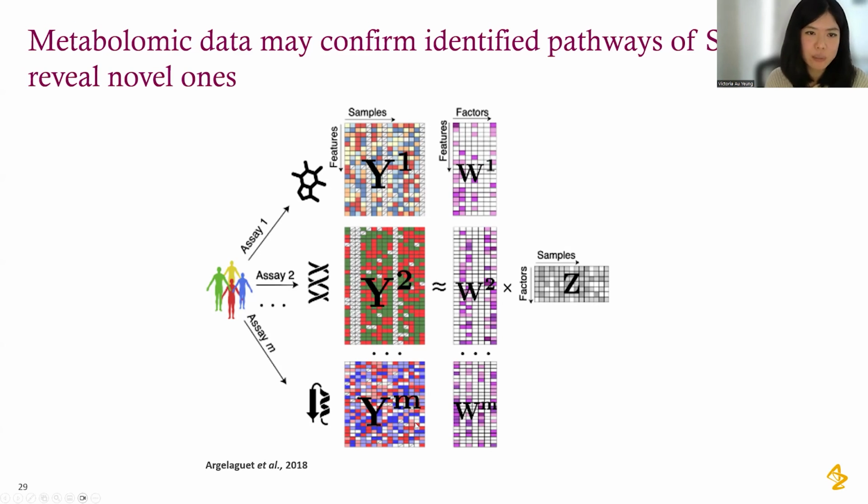And then we can decompose each of these data sets to get weights or importances for each of our different molecules in the data set, as well as different factors, which are like a low dimension representation of the data sets and capturing the variation in the overall data set.